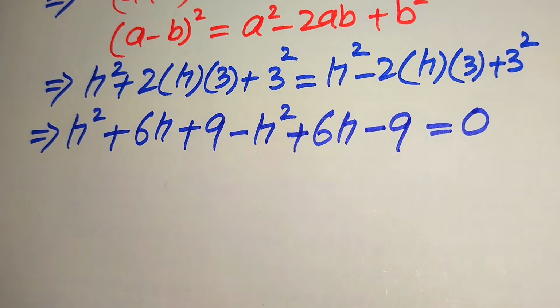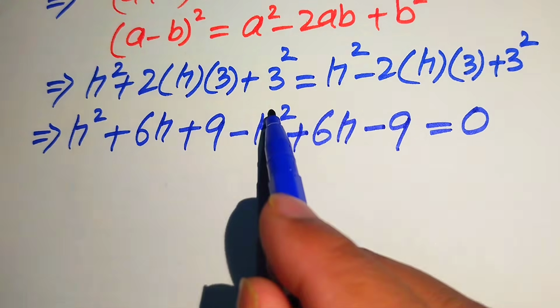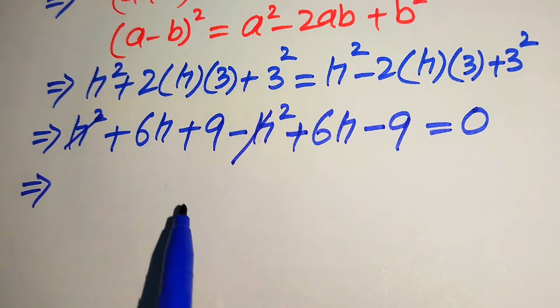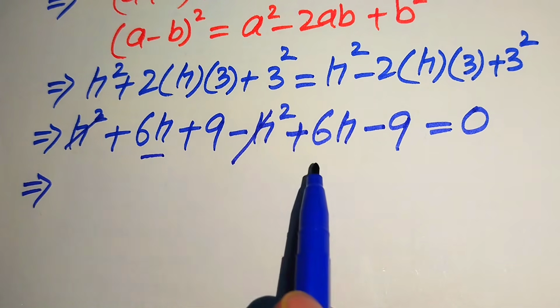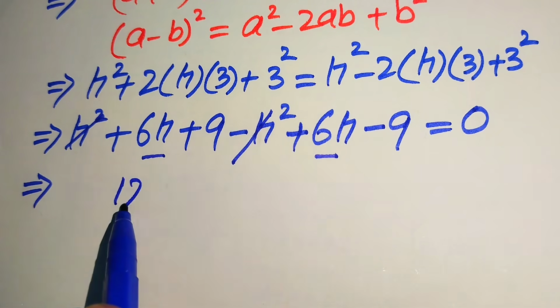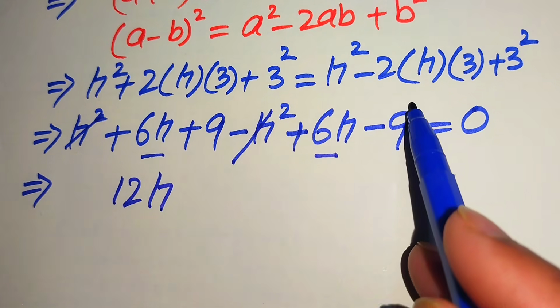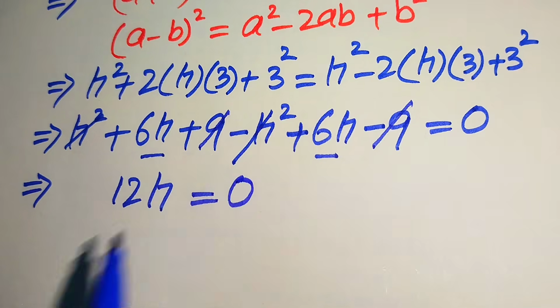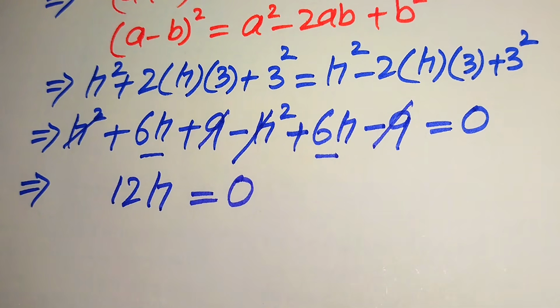Now in the next step we add or subtract the like terms. Minus h square and plus h square are cancelled out by each other, and we obtain 6h plus 6h becomes 12h, minus 9 and plus 9 are cancelled out by each other, and we get 12h is equal to 0.